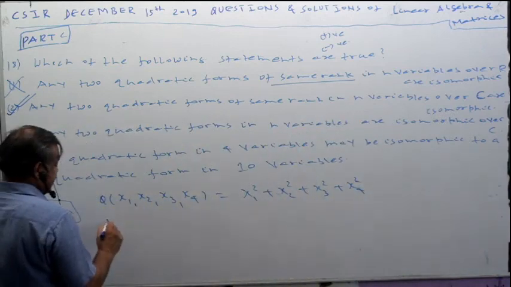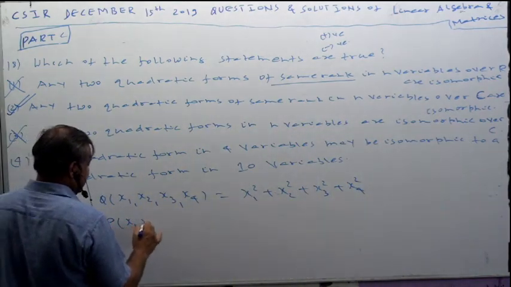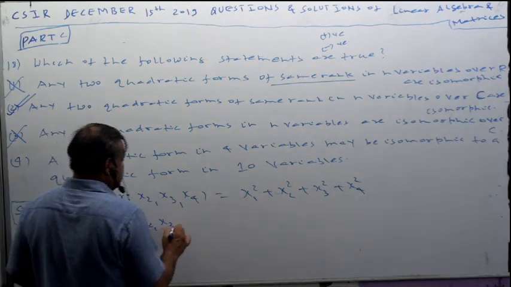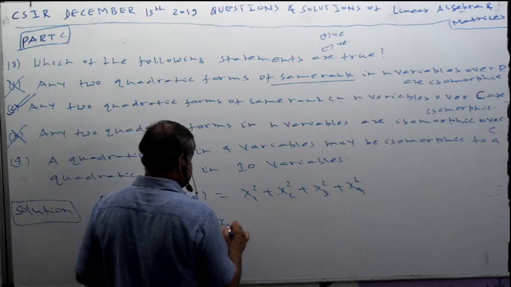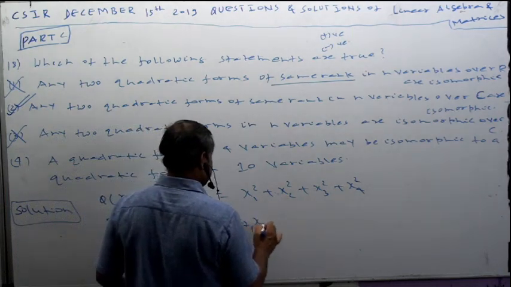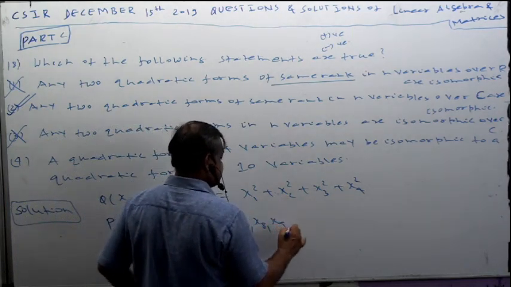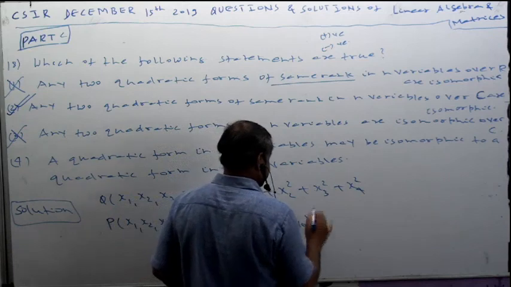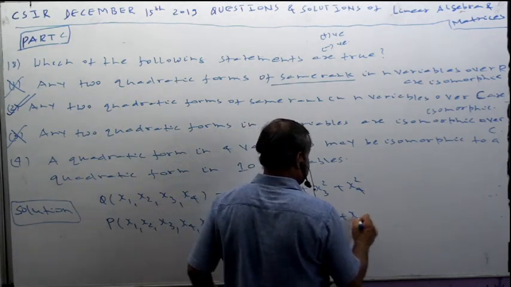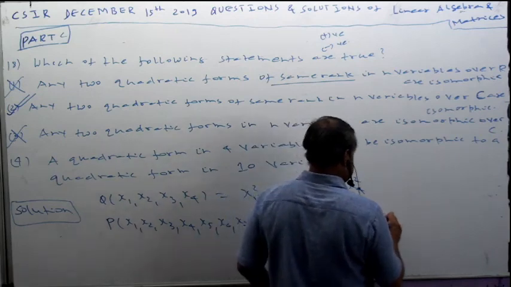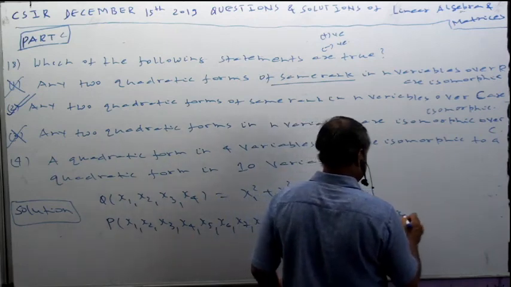And let us take another quadratic form, x1, x2, x3, x4, x5, x6, x7, any number of variables you take, x8, x9, x10, which is x1 square plus x2 square plus x3 square plus x4 square.